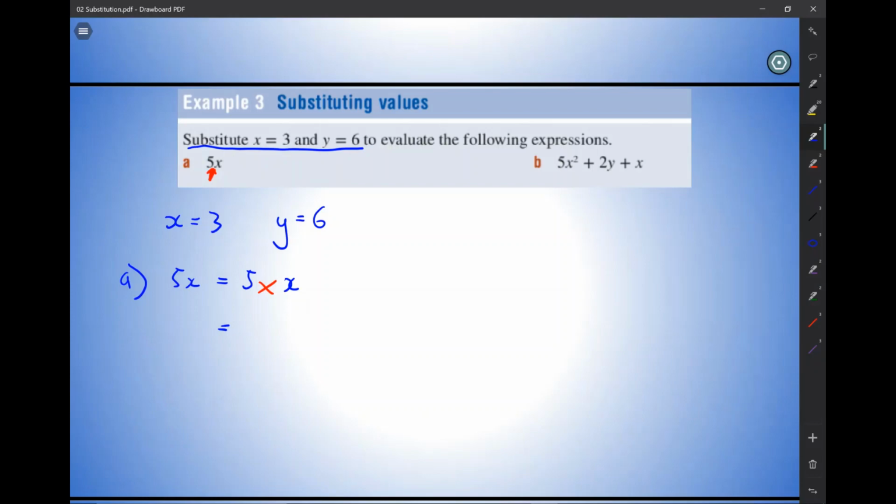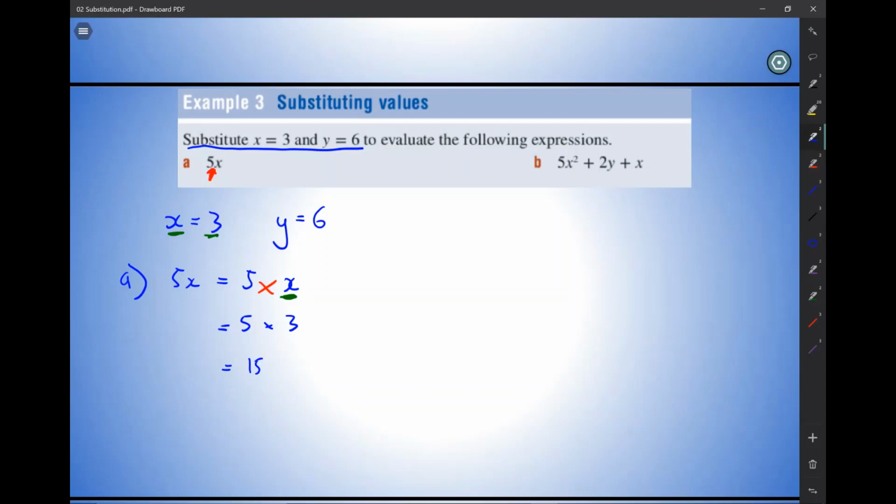Now, we have an x here, and remember, wherever there's an x, we're going to put a 3. So we're going to turn that x into a 3, and we're going to write 5 times 3. Now, if you can do this in your head, you can write the answer down. If you can't do 5 times 3 in your head, feel free to put it in your calculator. But the answer is 15.